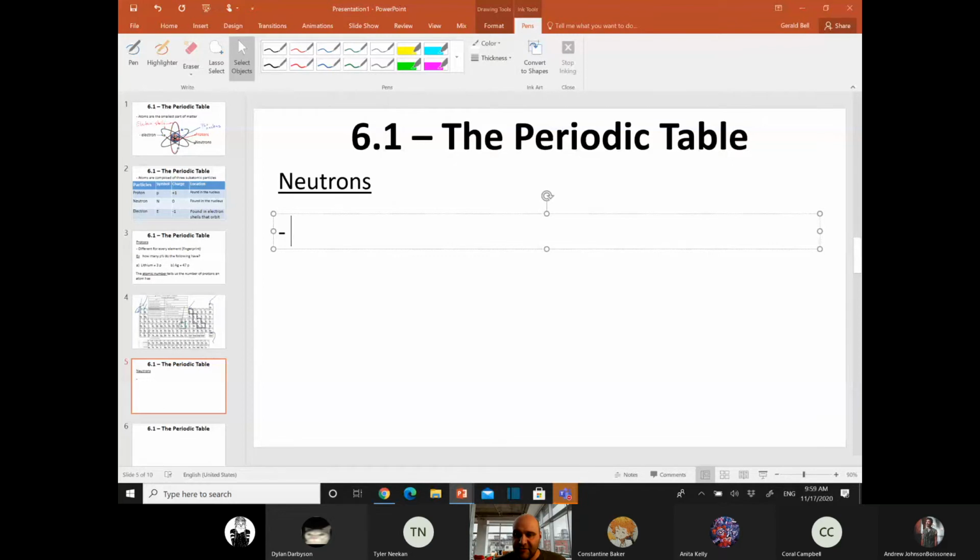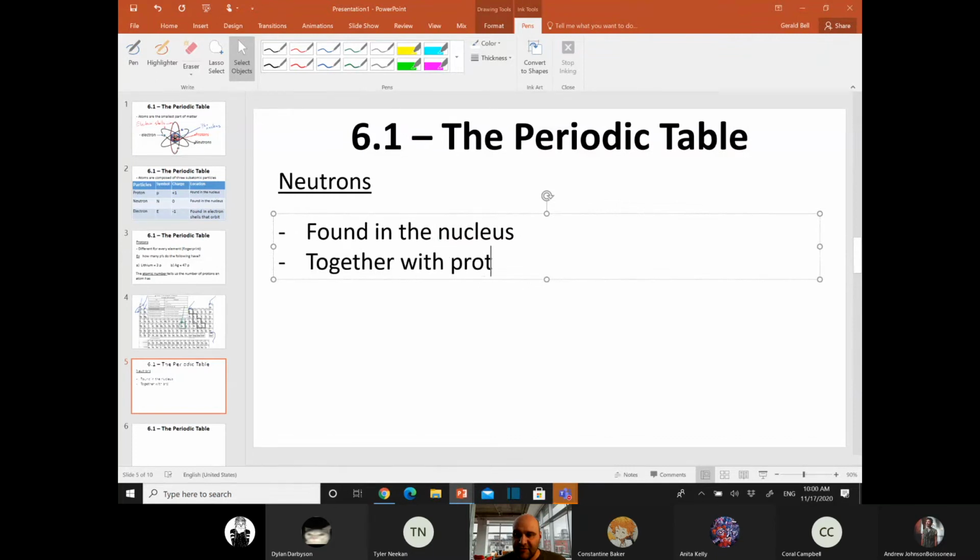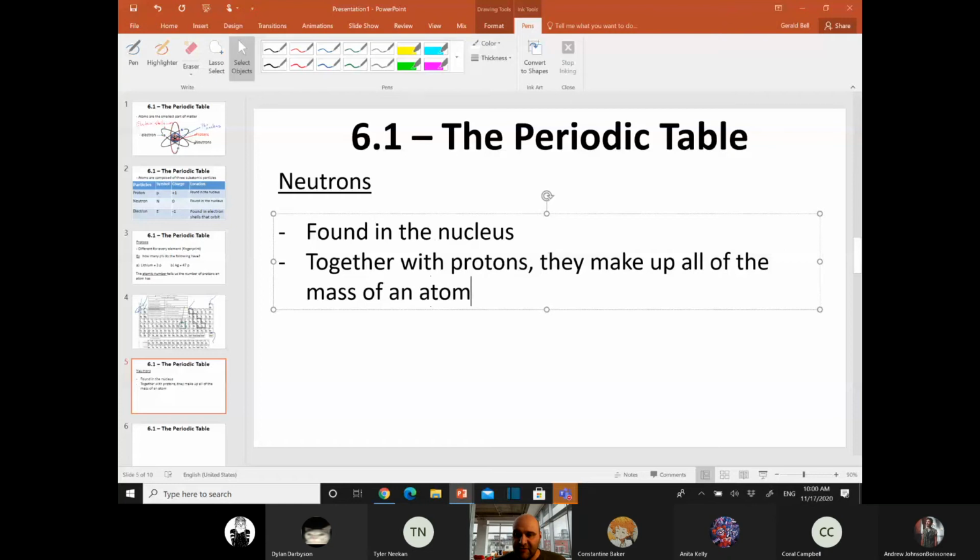So I'm going to say this. We already know they're found in the nucleus, so I'm going to repeat that, though. Found in the nucleus. Together with protons, they make up all of the mass of an atom. So these two particles together make up our mass.